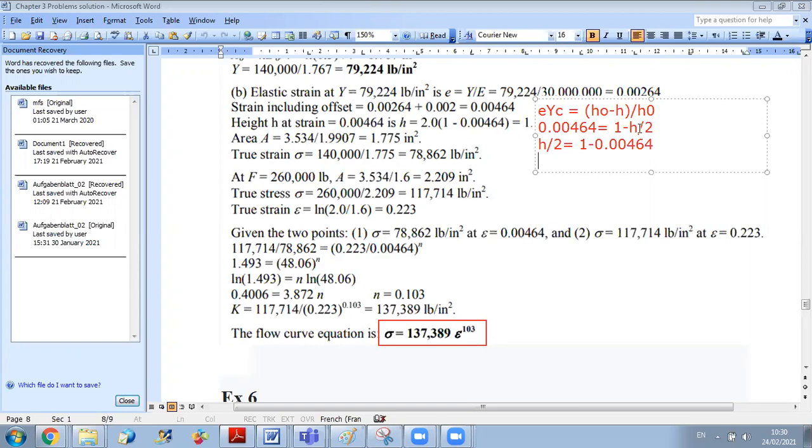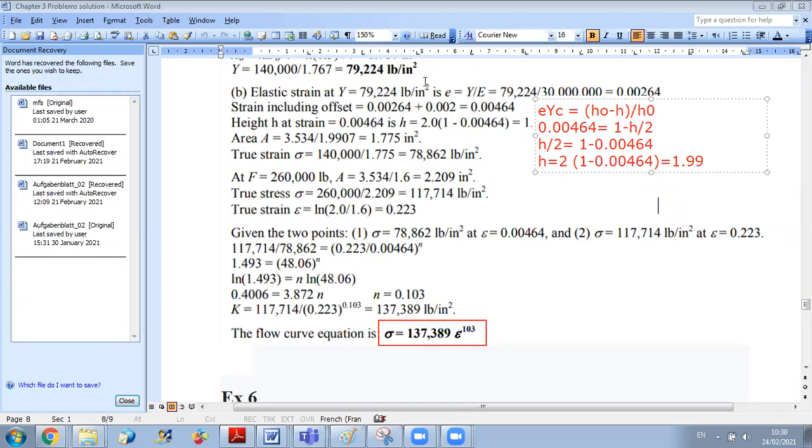So H is equal to 2 times 1 minus 0.00464, and you will get a value of H very close to H0. You get 1.99. So if you do the calculation, the value is given here. Yes, it's 1.99 something. So this is how you calculate the value of H.